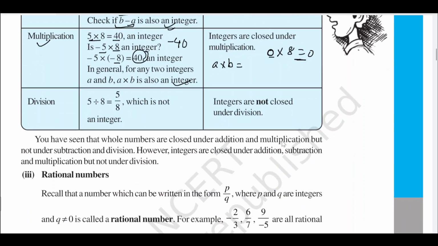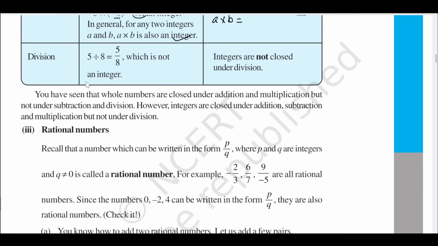Now let's check for division. 5 by 8. Is it an integer? No. It is in the form of p by q, that is a rational number form. So it is not closed for division. If we have a and b as integers, it is not sure that we will get a by b as an integer.